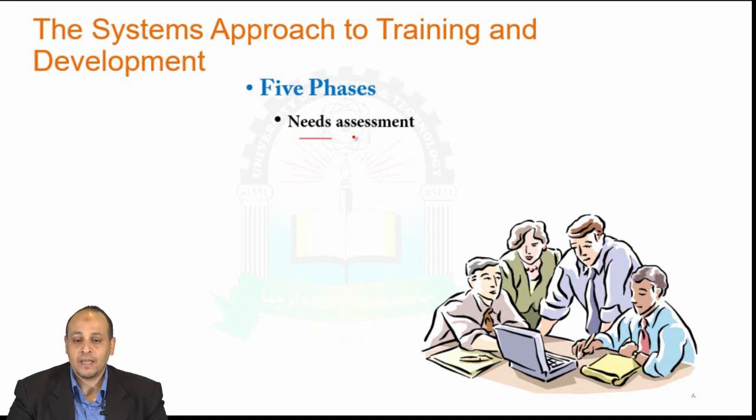Sometimes it can be another opportunity that the company would like to seize. But in order to do that, they need to upgrade and enhance the capability of the employees, maybe in specific functions. So that is why they would like to analyze why we need training.